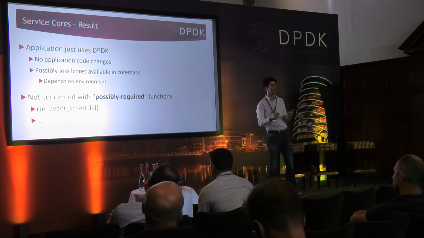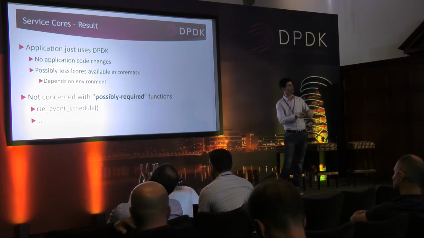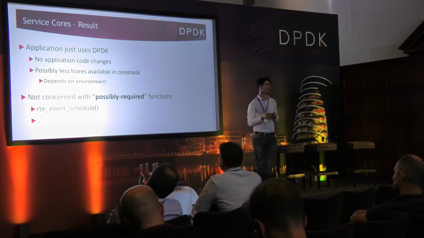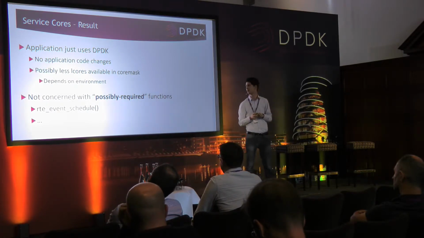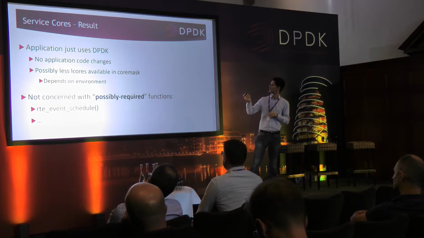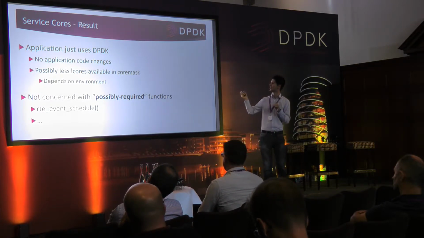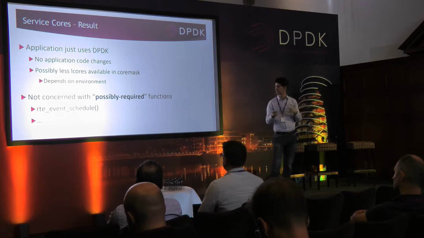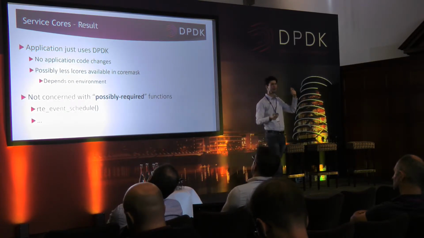So the same application will actually run on a platform capable with hardware scheduling or a platform with the software fallback using the exact same code path. There's no code path at the application level differences. So the one difference that there is from the application's point of view in this case is that there is one less L-core available in the core mask because the EAL will take this particular service core out of the mask that's later passed to the application.